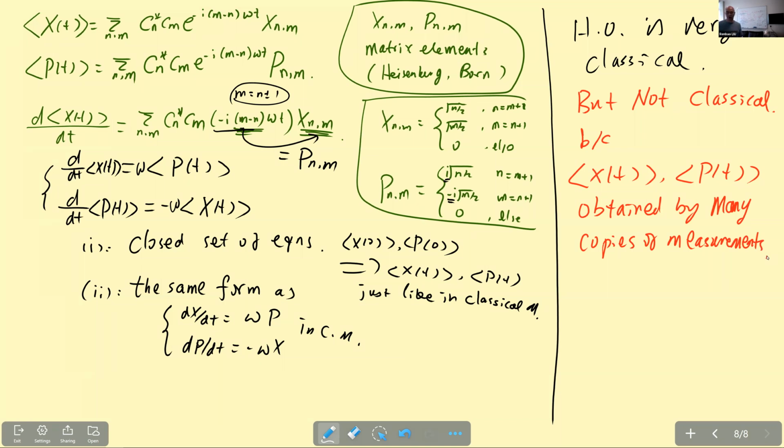If we just do one measurement of the position or the momentum, you just get a random value. You have to repeat this many, many times and then take the average to get this expectation value. So this is fundamentally different from classical mechanics. In particular, you have this one.